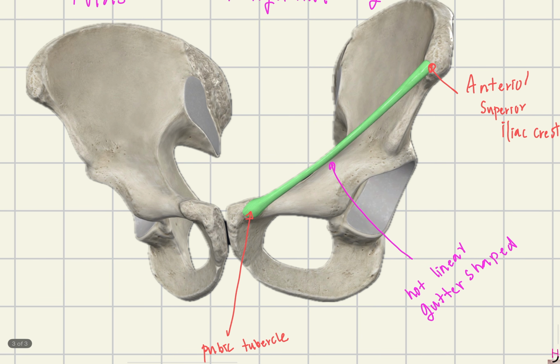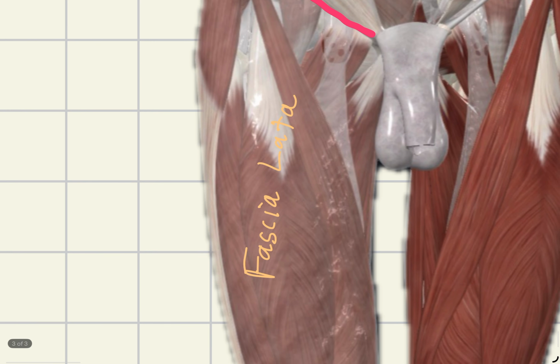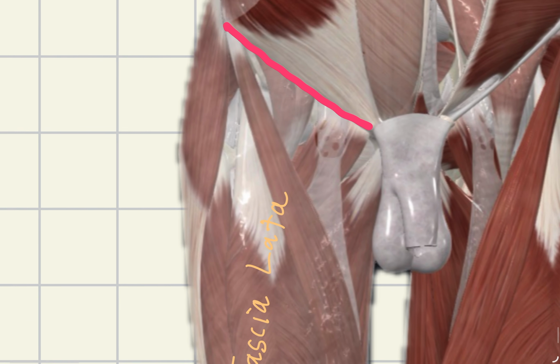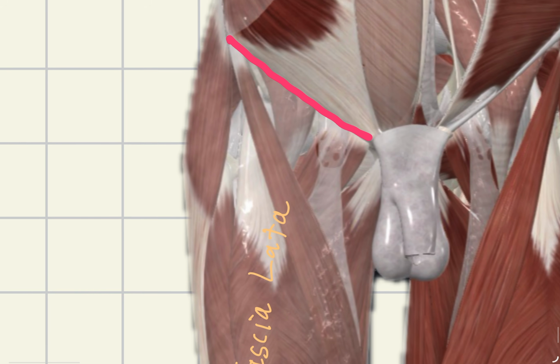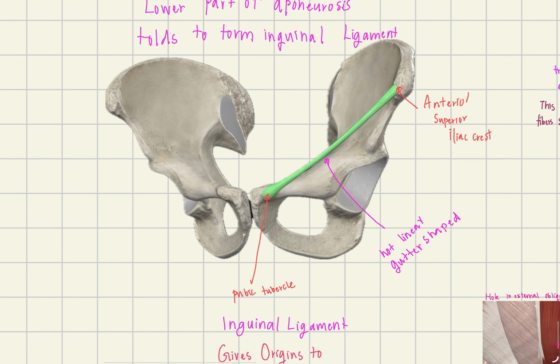So this is rolled inward to give origin to those muscles. And then the fascia lata of the thigh is attached to this inguinal ligament. So when the thigh is extended, the fascia lata pulls the inguinal ligament downwards into a gentle convexity.